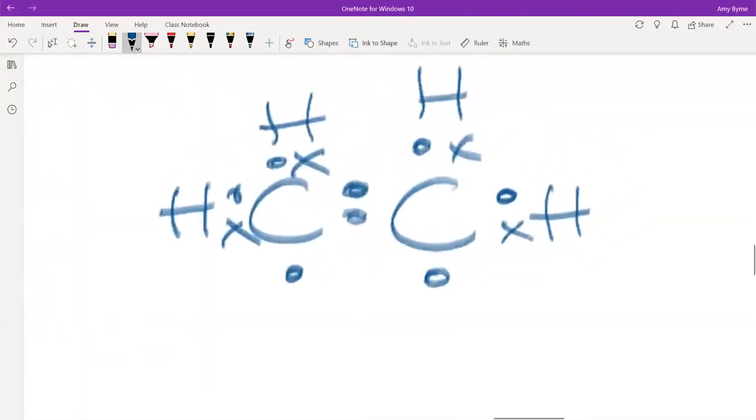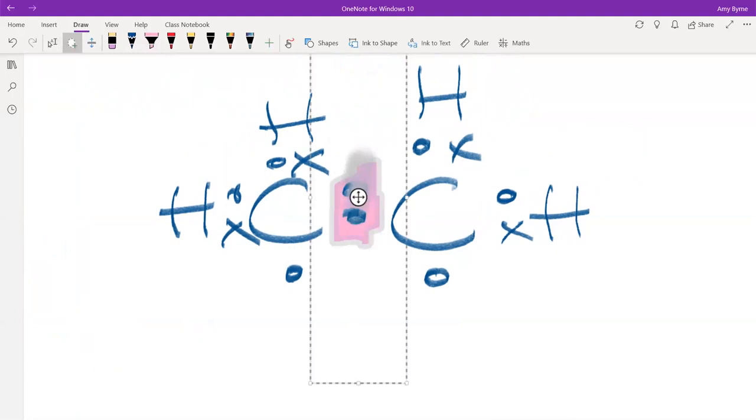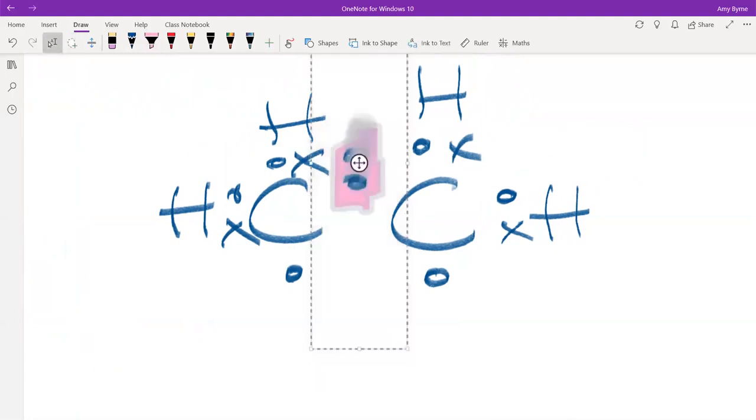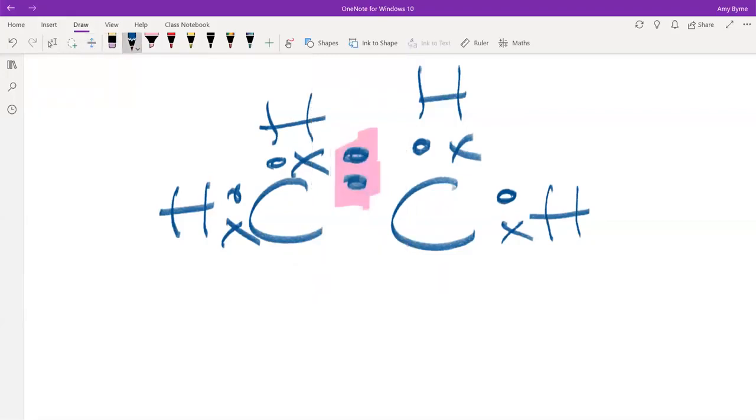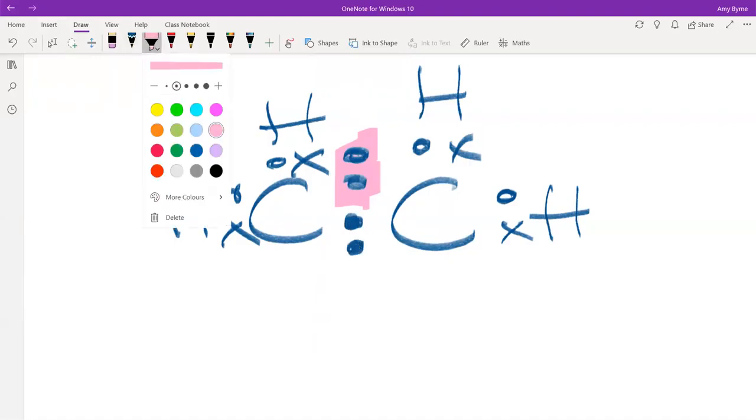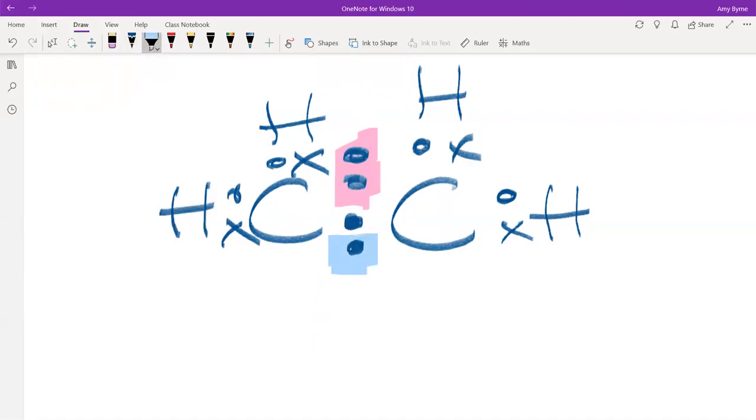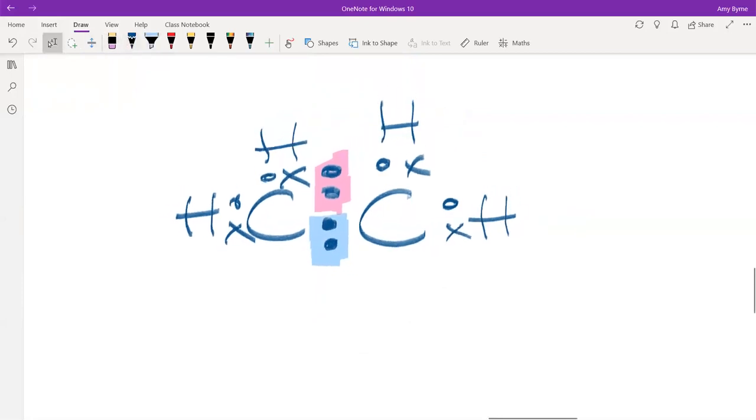What if, instead of just sharing 1 pair of electrons, my carbon atoms were able to share 2 pairs of electrons? So I have 2 pairs of electrons that are being shared.